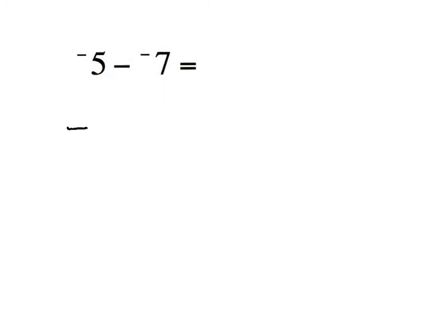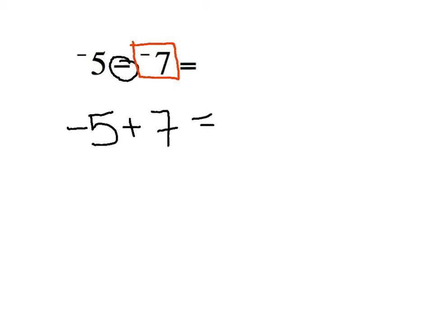So -5 stays the same, my subtraction becomes an addition sign, and my negative number becomes a positive number. Now I can use the rules of addition that I've learned before. I have a negative and a positive, which means I subtract. So 7 minus 5 is 2, and my larger absolute value belongs to 7, so my answer is +2.